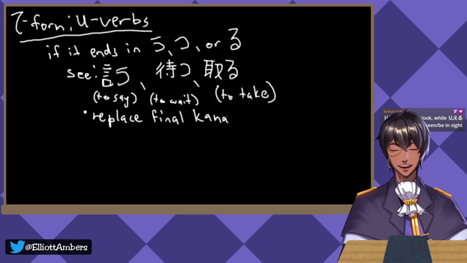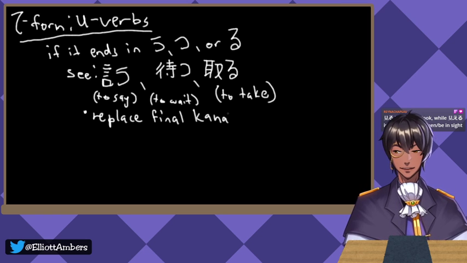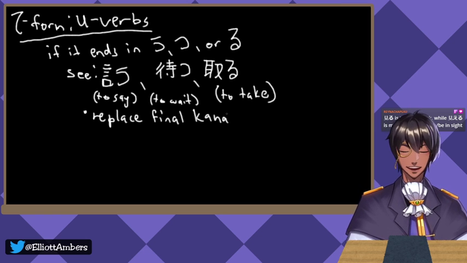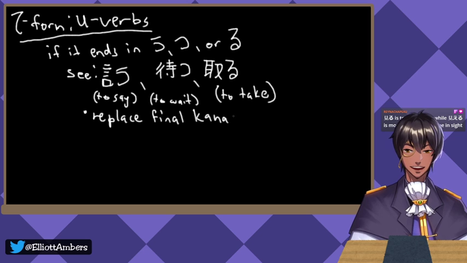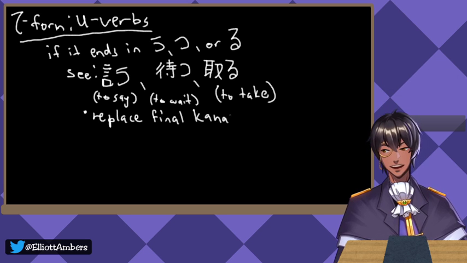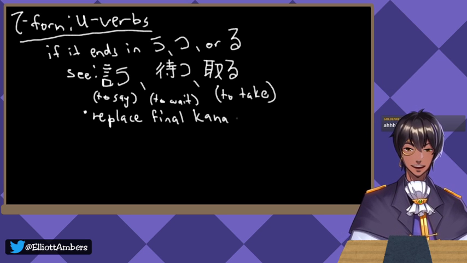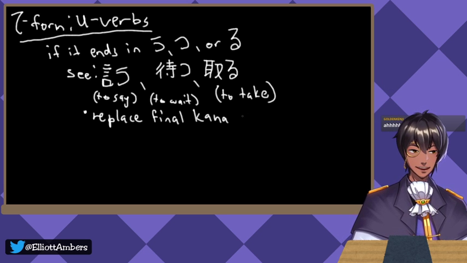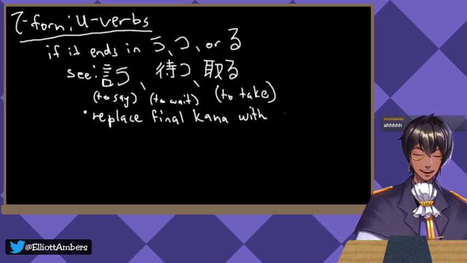There we go, yeah. Miru is to see, while mieru is to be seen or to be in sight. So miete kure is asking people to see him, while miru is saying that he's seeing them. Replace the final kana with te.